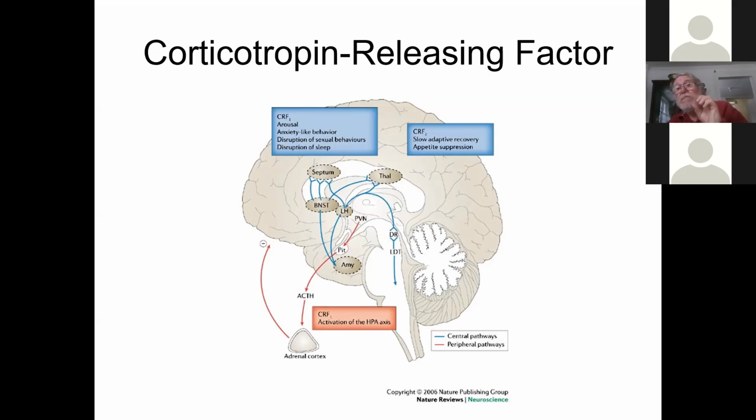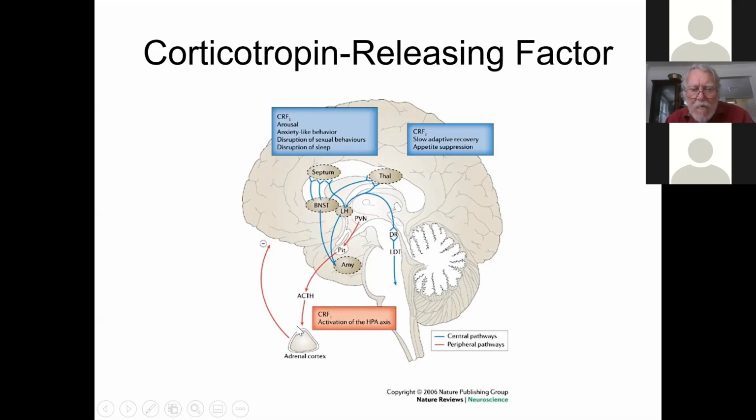A subset of those CRF-containing cells, mostly in the ventral parvocellular division, come down to the zona externa of the median eminence and release CRF into the hypothalamo-hypophyseal portal system, where it then activates adrenotropes in the anterior pituitary to release ACTH that then acts on the adrenal cortex.